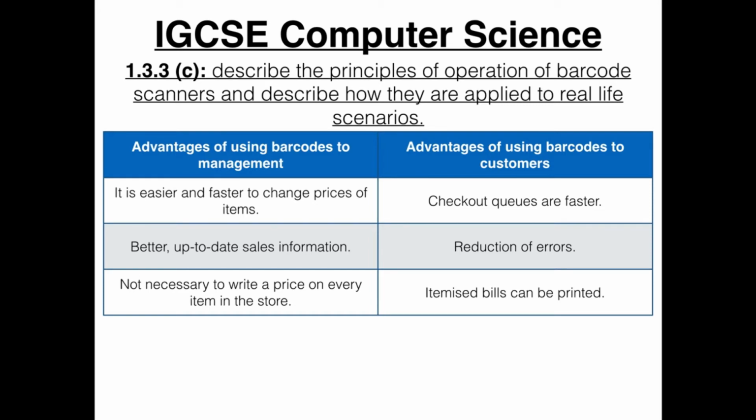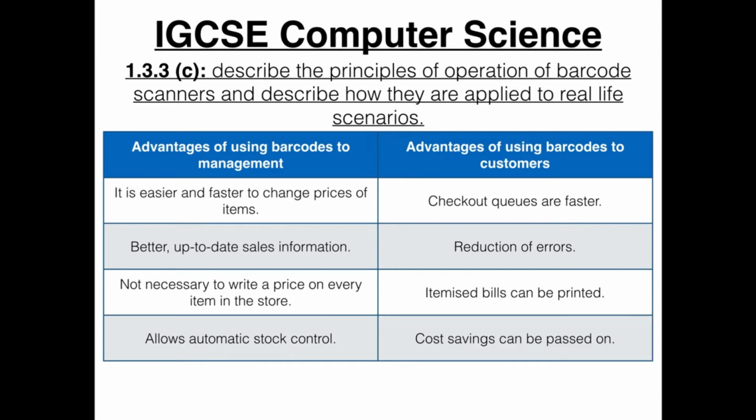Itemized bills can be printed, which basically means that you can have a receipt or bill with all of the items that you bought and their prices. Whereas if you didn't have barcodes and people had to write the total price down using a calculator, this just makes it a bit easier. It also allows automatic stock control, as seen earlier.